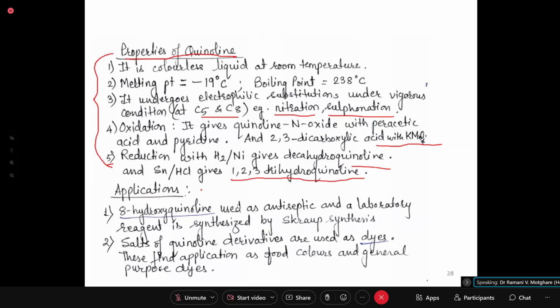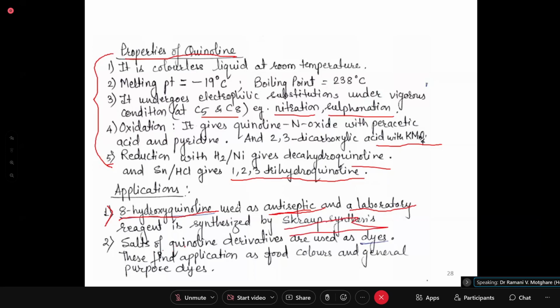Then coming to the application part, the most important application is 8-hydroxyquinoline, which is used as antiseptic and a laboratory reagent. Antiseptics and laboratory reagents are synthesized by the Skraup synthesis method.